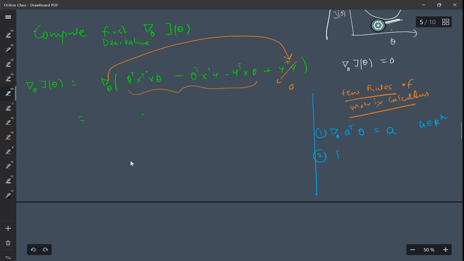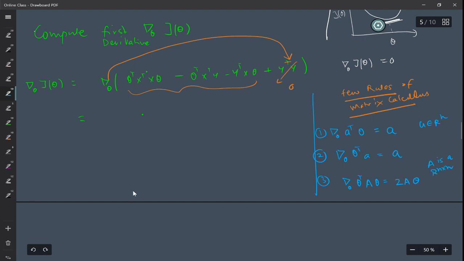The second rule says delta theta of theta transpose A is also going to be A, where A is a vector in n dimensions. And the third rule says delta theta of theta transpose A theta is going to be 2A theta, where A is a symmetric matrix, let's say an n cross n matrix.